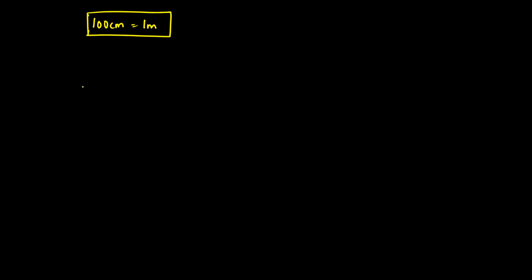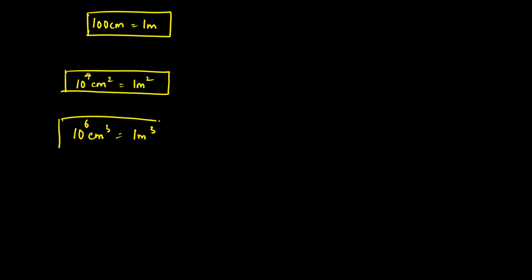Now square on both the sides, you will be getting 10 raised to the power of 4 centimeter squared will be equal to 1 meter squared. Next, cube again. What is going to happen? 10 raised to the power of 6 centimeter cube will be equal to 1 meter cube. This is the change that you have to know.